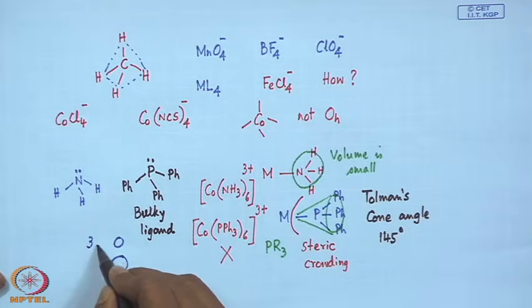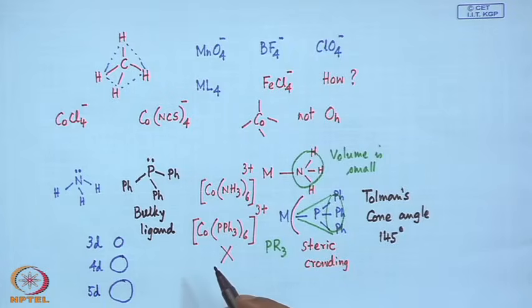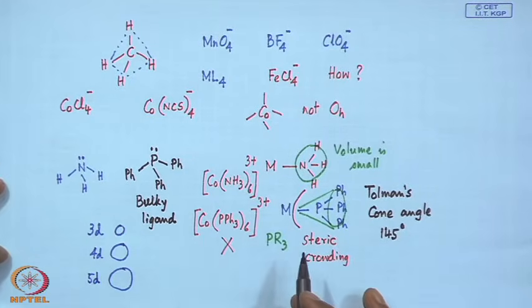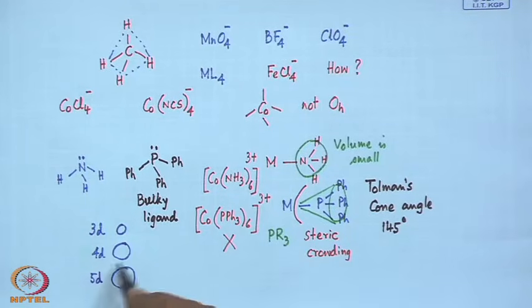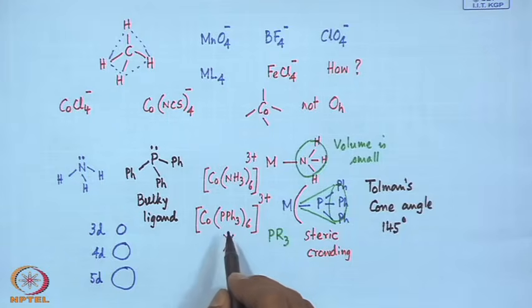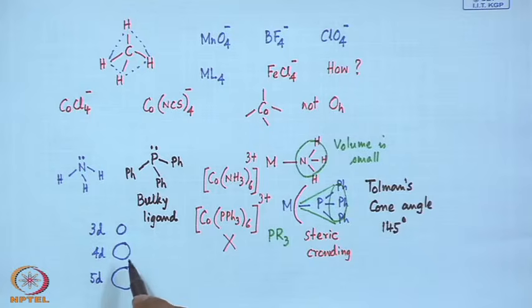So, we can have 3d, 4d, or 5d. As we move to 5d, we have the bigger size of the metal center, but it is not possible to accommodate this number of phosphine ligands surrounding these metal ions. So, it is not always very useful or preferable to move from one metal center to another to accommodate the bulky ligands.